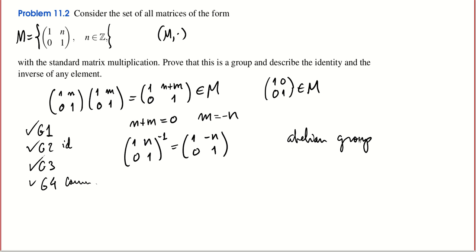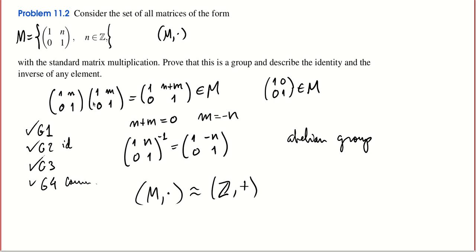And as a matter of fact, this group here is isomorphic to the integers with addition. Because you can associate any matrix like this to one integer, and the integer is, of course, the integer you have to put here.